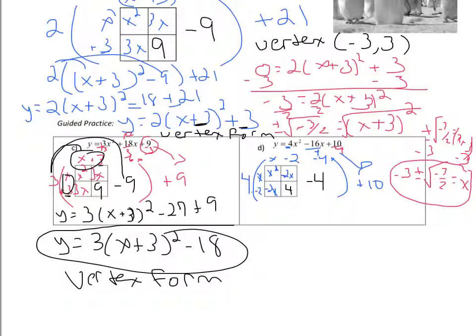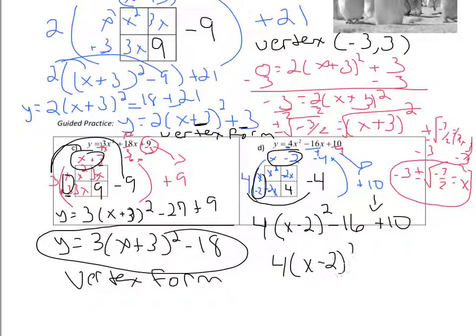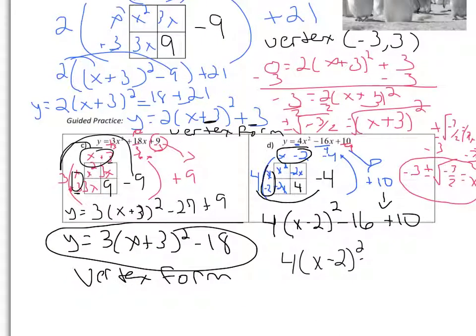Then that gives me 4 times x minus 2 and x minus 2, so that becomes x minus 2 squared. And then 4 times negative 4 is negative 16, and then I bring down my plus 10. So 4 times x minus 2 quantity squared. And then negative 16 plus 10 is negative 6. So that is vertex form.